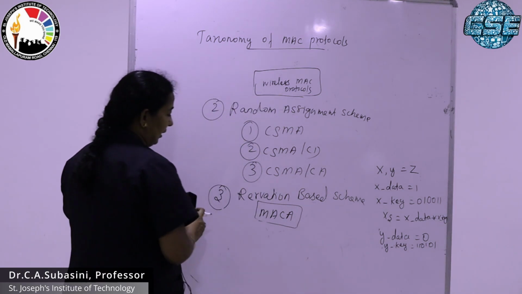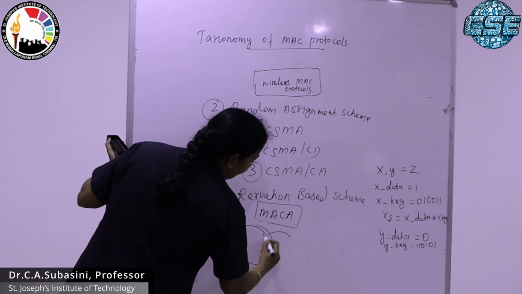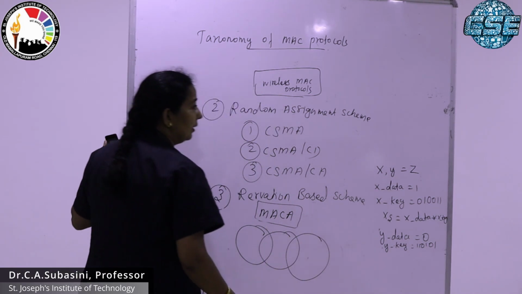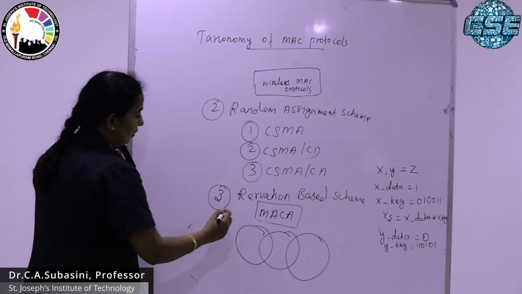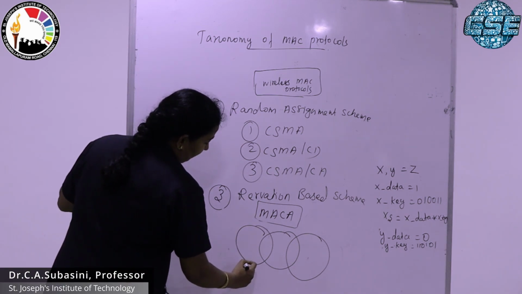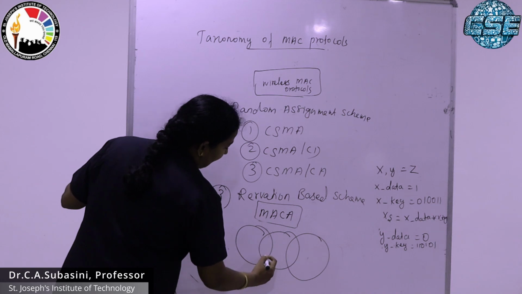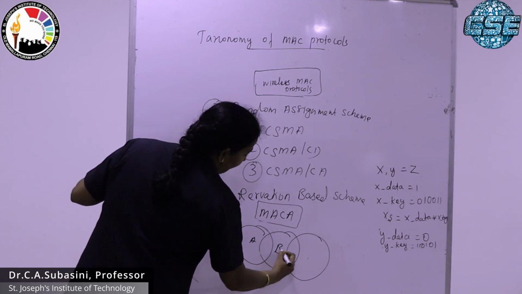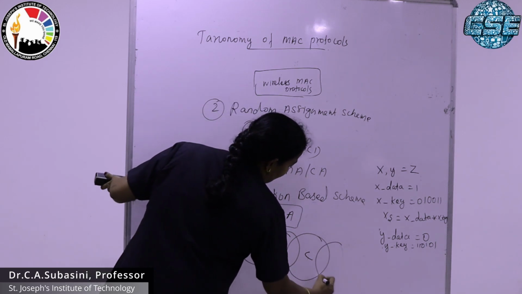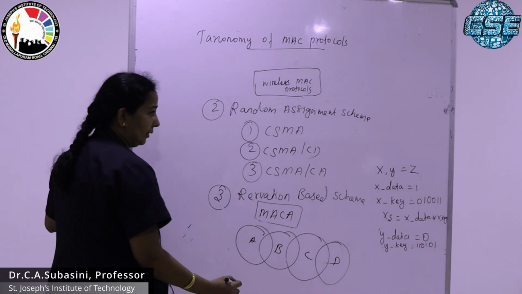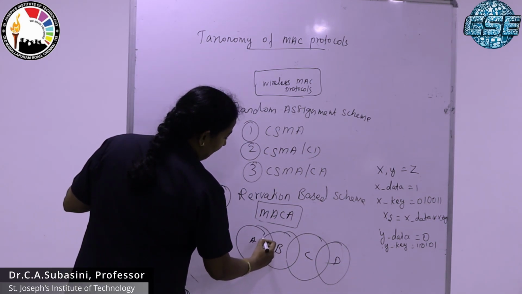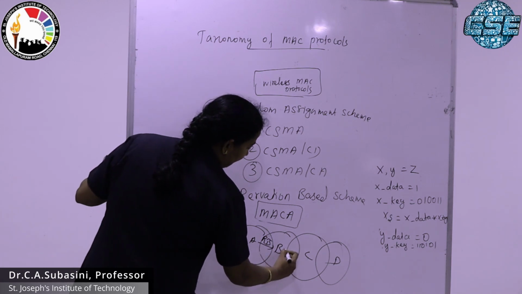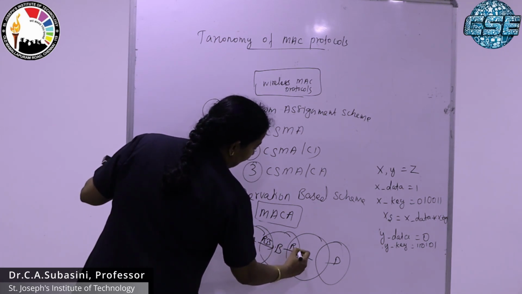And next, the next technique is the hidden terminal problem and exposed terminal problem. For example, A, B, C and D will be there. In that situation, A will send data with an RTS message. At the same time, B will send an RTS message.